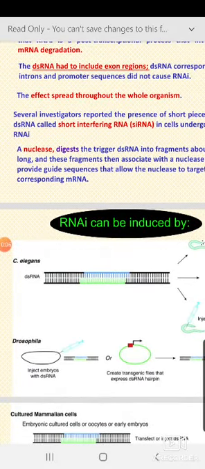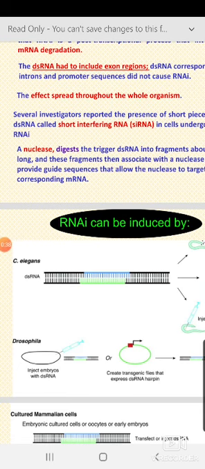Let me explain it. I have a target mRNA, the gene I want to silence. For that, I have designed a double-stranded RNA from the exonic sequence of the particular gene. When introduced, one nuclease targets this double-stranded RNA and makes small pieces.